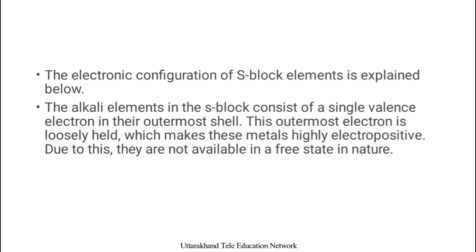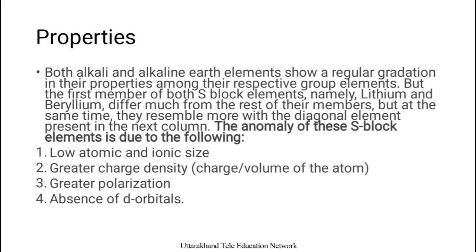Due to this, they are not available in free state in nature. If we see the properties of S block elements, they have low atomic and ionic size, greater charge density, that is the charge to volume ratio of the atom, greater polarization and absence of d orbital.